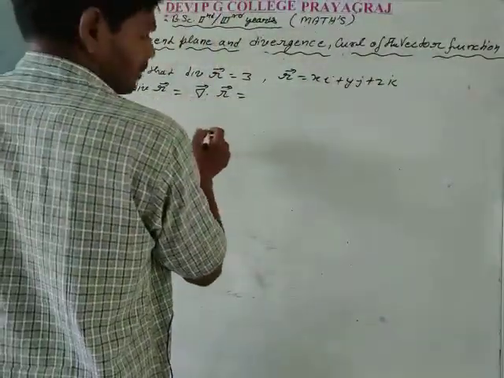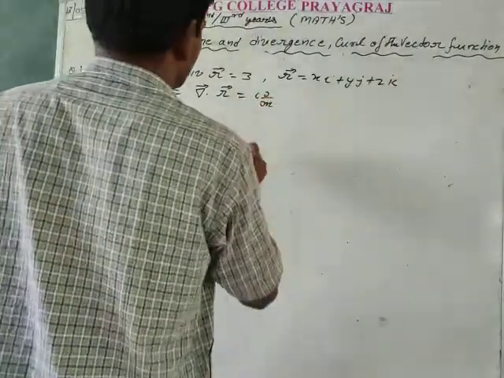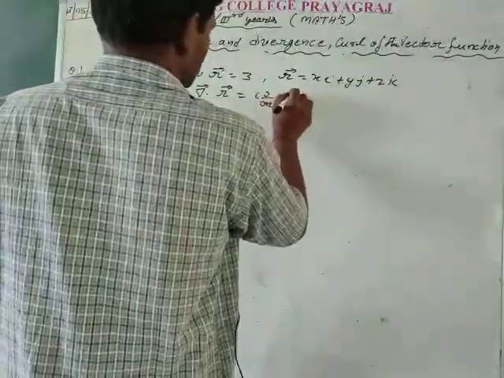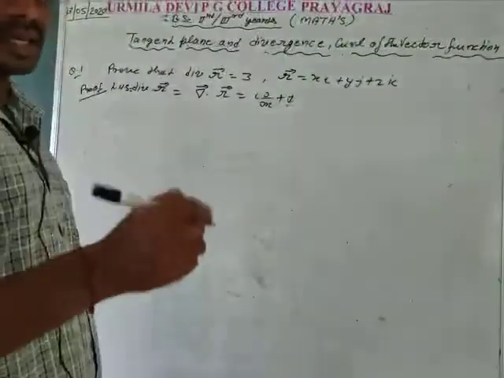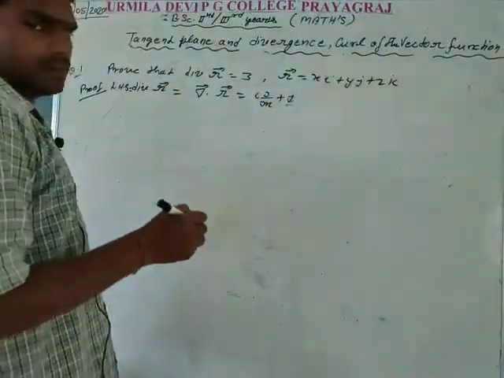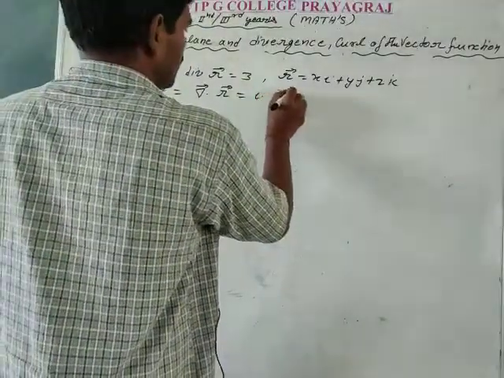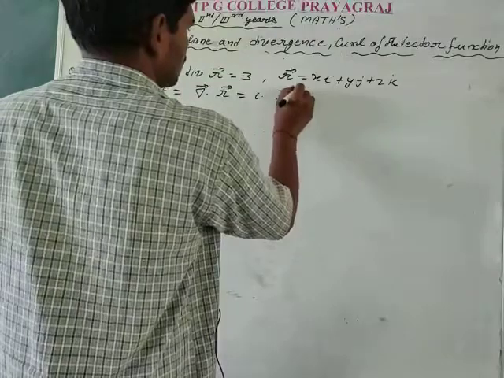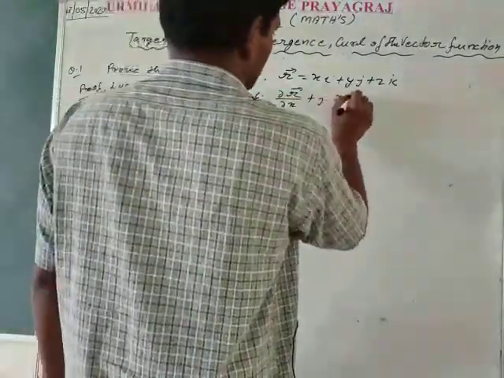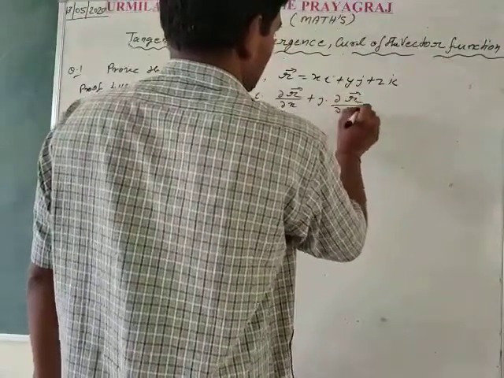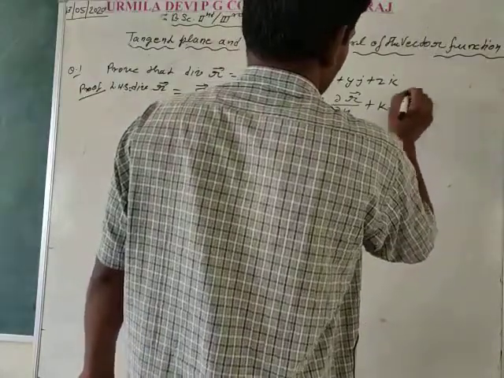So here, putting the value of del, which is i times del by del x plus j times del by del y plus k times del by del z, or you can directly use the formula of divergence of any vector point function. So write i dot del r by del x plus j dot del r by del y plus k dot del r by del z.